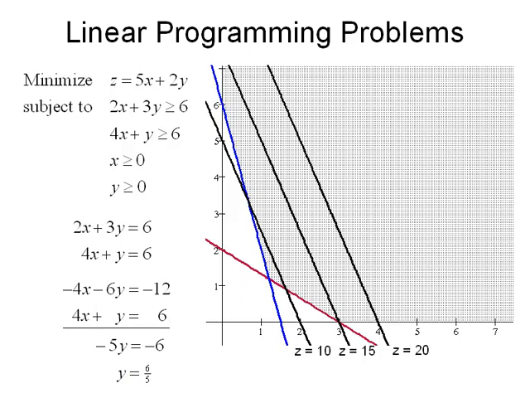So let's go ahead and find the corner point. The corner point that we're looking for is the intersection between 2x plus 3y equals 6 and 4x plus y equals 6. So I'm going to do this by elimination. I'm going to choose to eliminate the x's. So I'm going to multiply the top equation by -2 to get -4x minus 6y equals -12.